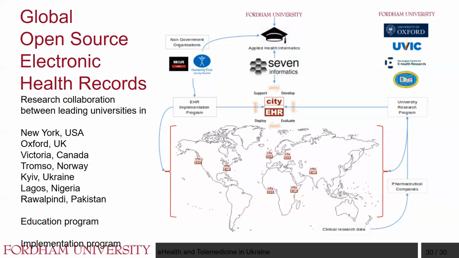We were originally going to start in sub-Saharan Africa, actually in Uganda and Benin. But now, in fact, we've started in Ukraine and we're pulling in sites in Nigeria and Rawalpindi in Pakistan as low-income countries.